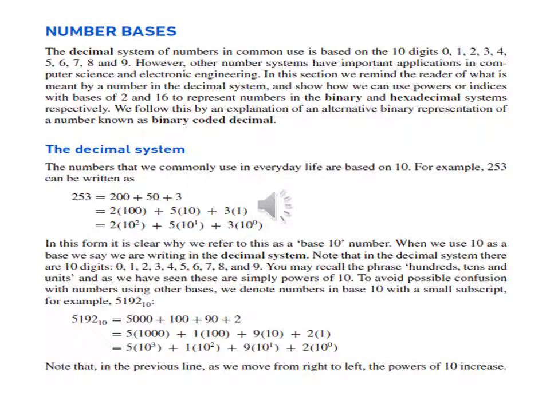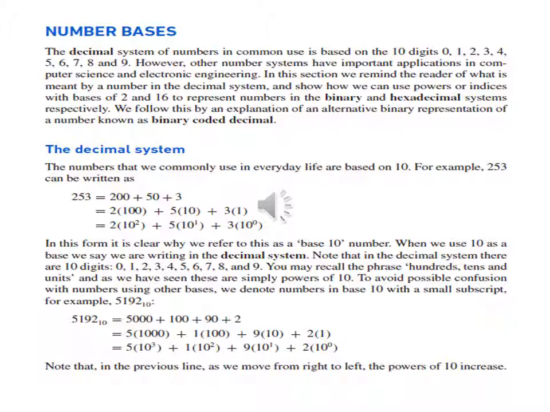You may recall the phrase hundreds, tens, and units, and as we have seen, these are simply powers of 10. To avoid possible confusion with numbers using other bases, we denote numbers in base 10 with a small subscript.